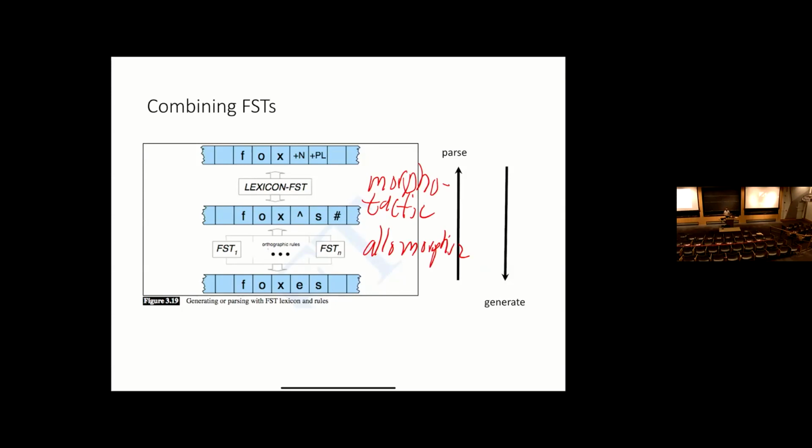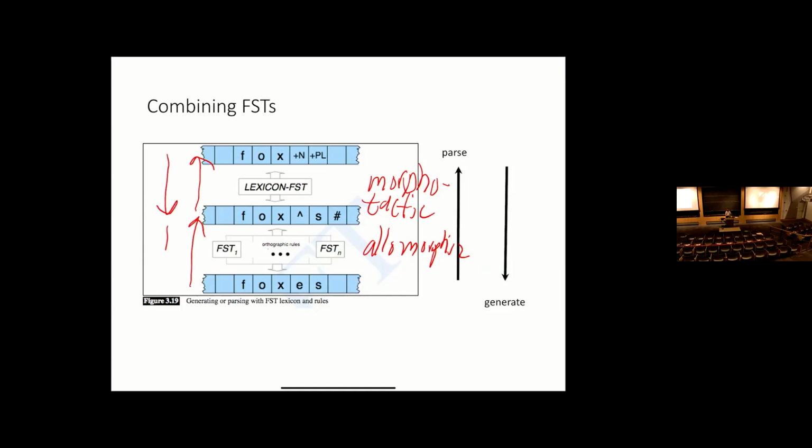You can feed the orthographic form into the orthographic rules, then feed the output of that to the morphotactic FST. And you can go the other way too.